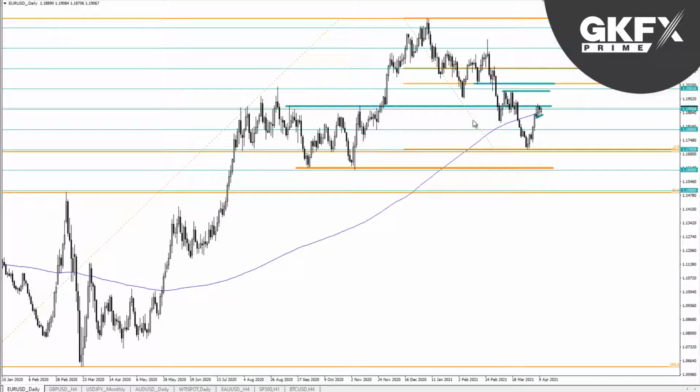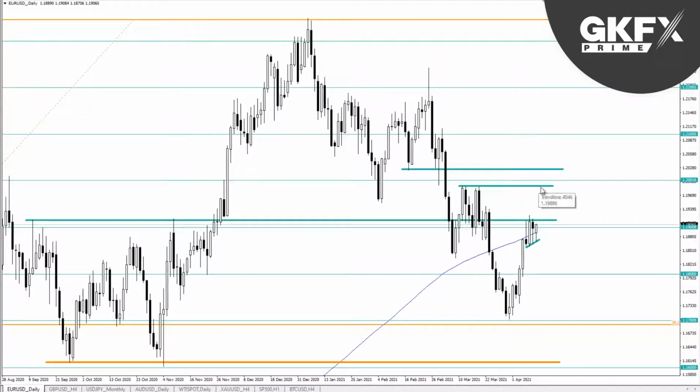Let me get rid of this one for now. There you can see the 38.2% Fibo that we had highlighted as potential support alongside 117. And then we'd highlighted these previous highs through here, potentially acting again as resistance alongside 119. And that's pretty much where we find ourselves now, around that 119 area.